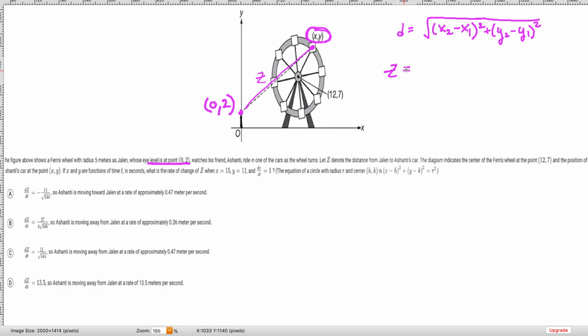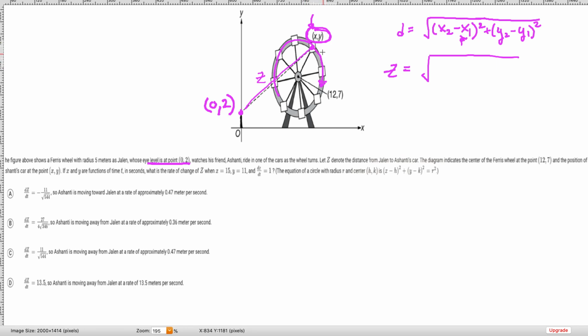We actually know one of the points, but the other point is any point, so we leave that as x comma y. I'll make x2 this value that's changing as the Ferris wheel turns. It could be turning in the other direction, probably is.